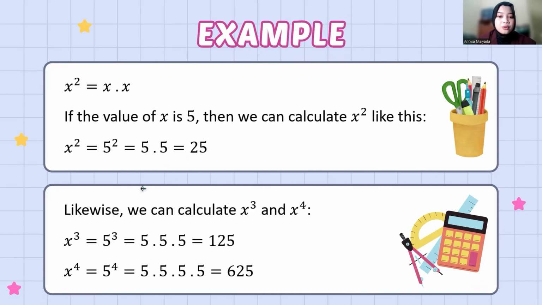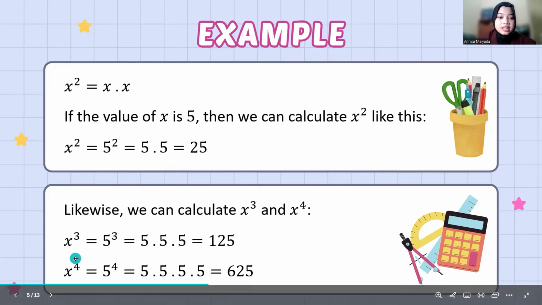Likewise, we can calculate x to the power of 3 and x to the power of 4 like this. x to the power of 3 equals 5 to the power of 3 equals 5 times 5 times 5 equals 125.